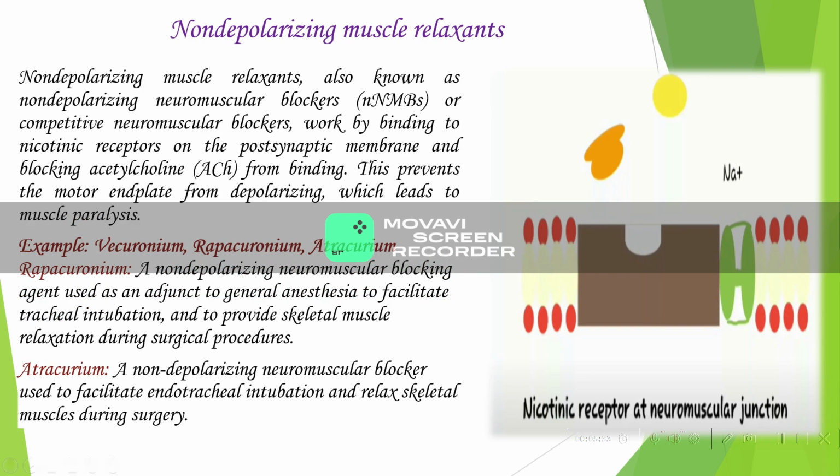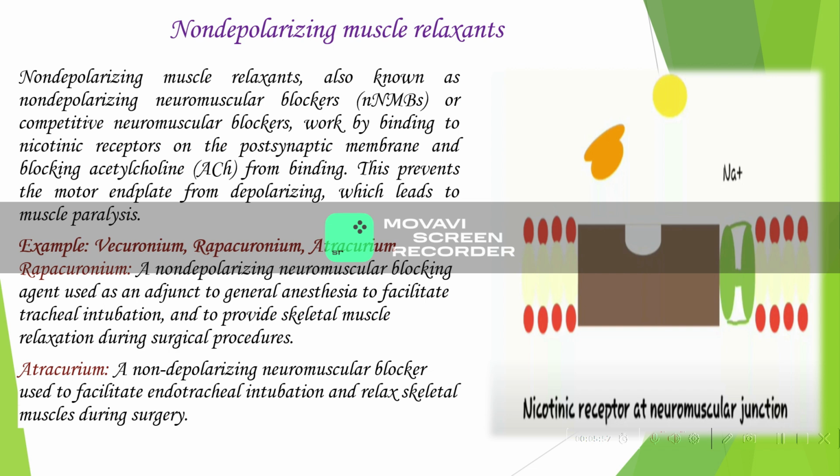Another type is the non-depolarizing muscle relaxant, also known as the non-depolarizing neuromuscular blocker or competitive neuromuscular blocker. It works by binding to the nicotinic receptor on the postsynaptic membrane and blocking acetylcholine from binding.